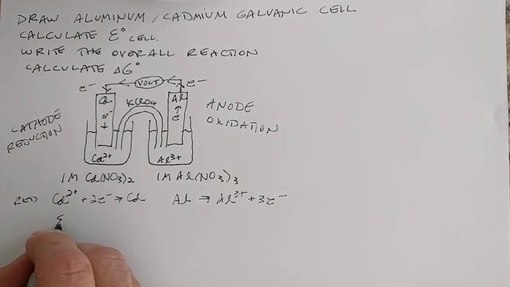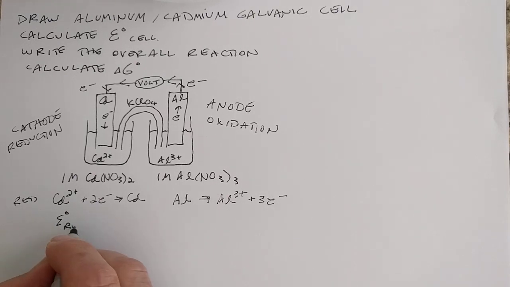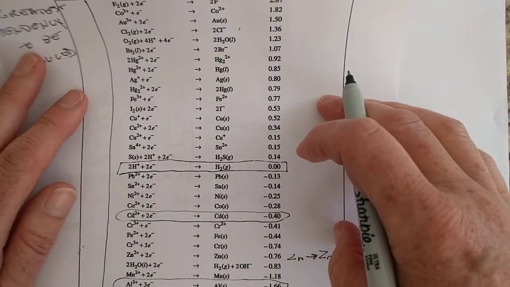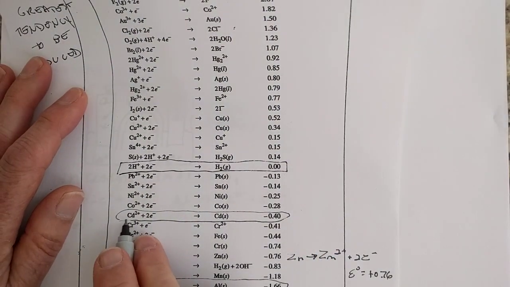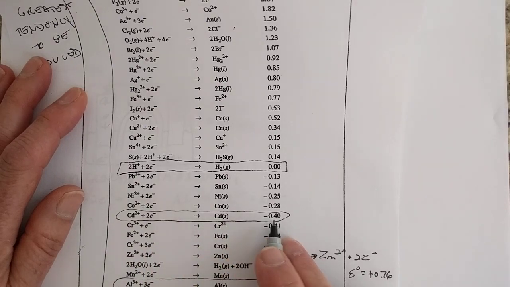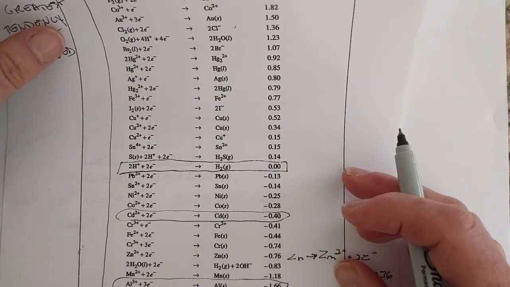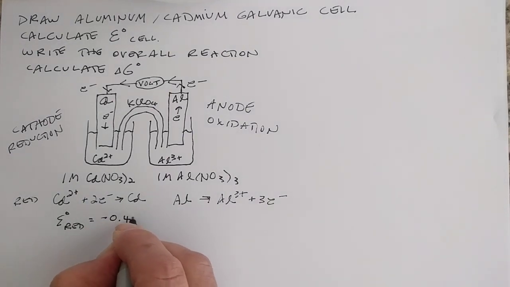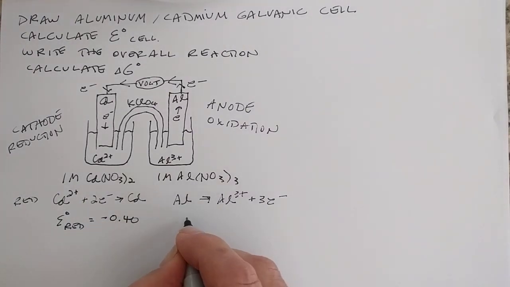Now the E0 for our reduction, get that from our chart, and our chart is reduction potentials. So there's our equation, just like we wrote it, and we have negative 0.40 volts. Now we want the E0 for the oxidation.